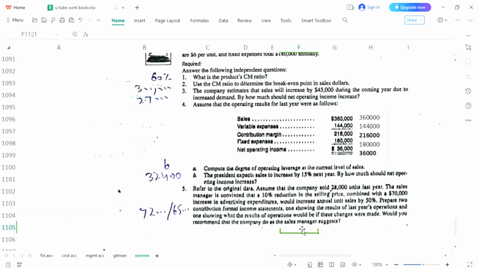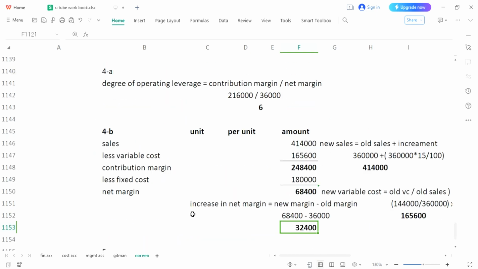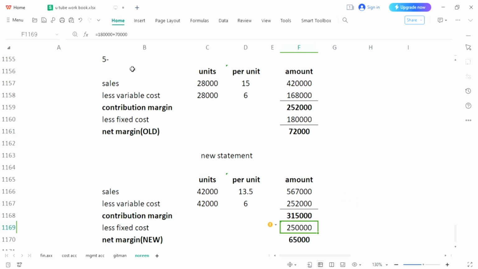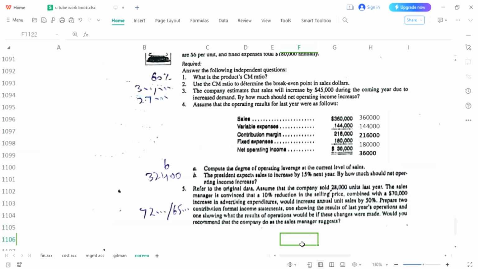Okay, then fifth part was having 72,000 and 65,000. So reviewing question is very important. Sometimes even after full attention, there might be some section or subsection possibly missed. So it's better to review question before delivering your paper in exam.